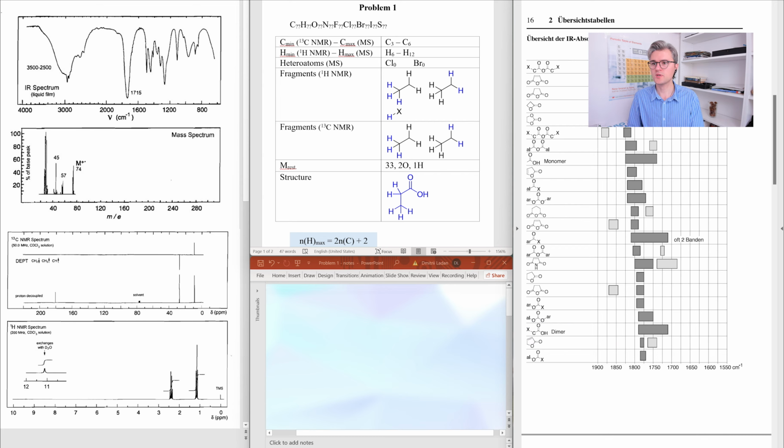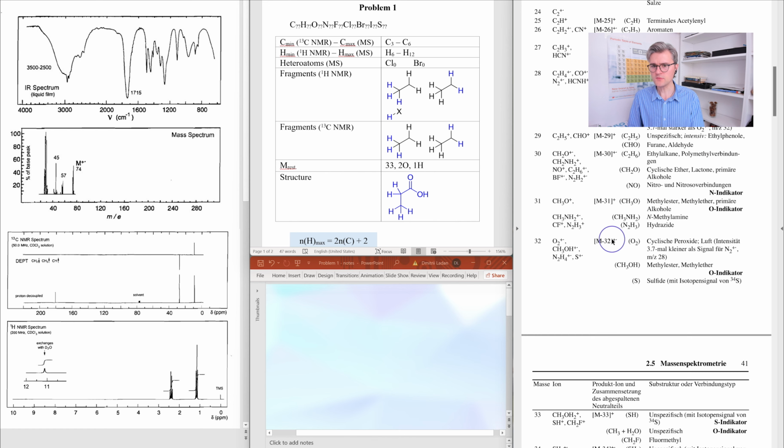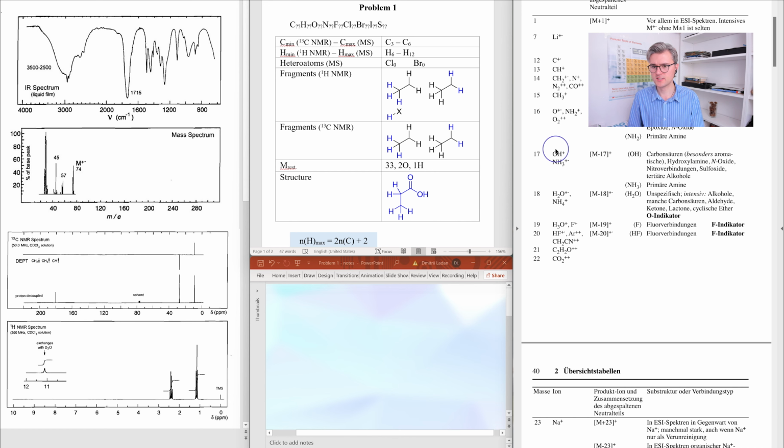And the last thing we can do is check whether differences between the molecular ion and the masses we see in the mass spectrum really fit parts of our molecule. So we have the molecular ion, which is 74, we deduct 57, and we have 17. So let's see what we can observe at 17, OH plus.